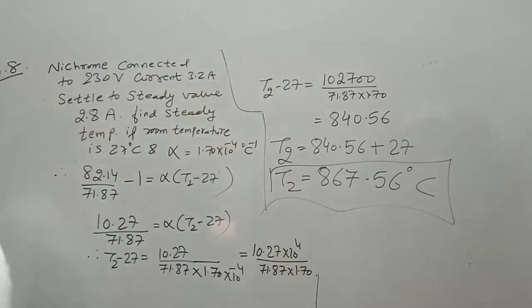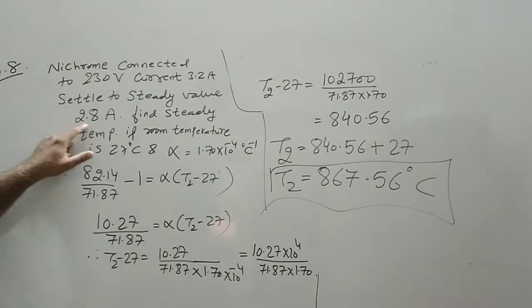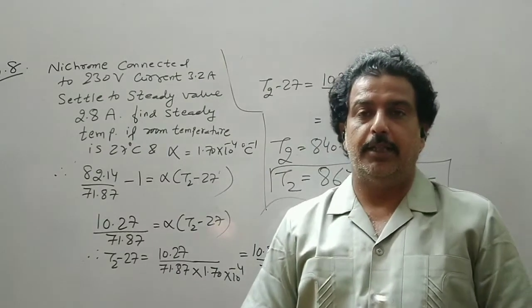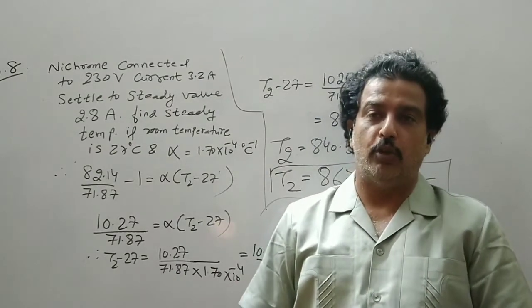So this is the temperature when the current in the circuit will become steady. Whatever value is given, that steady current was 2.8 ampere. So this is the concept of the heating effect of the coil.